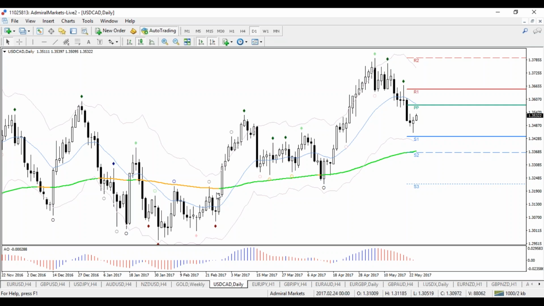So these resistance fractals or support fractals that have a diamond are actually fractals that occur within a trend. So these are resistance fractals, these green ones, light and dark green, that occur within an uptrend. And the circles here indicate that these fractals are not in a downtrend, I should say.